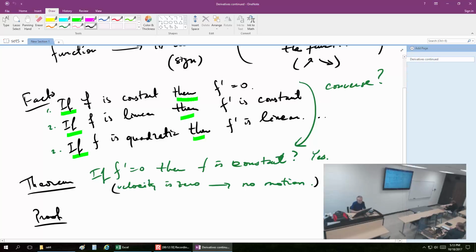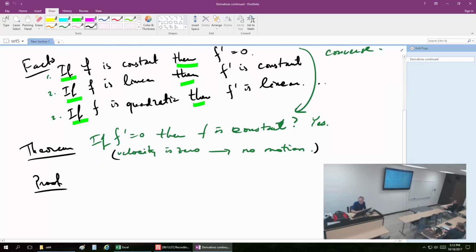So, let's do it. f prime equal to 0 certainly implies that f is also differentiable. Of course, the missing part here is on an open interval. You don't even have to say that every time, because differentiability is only defined on an open interval.